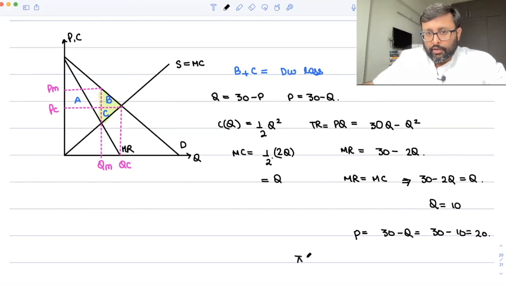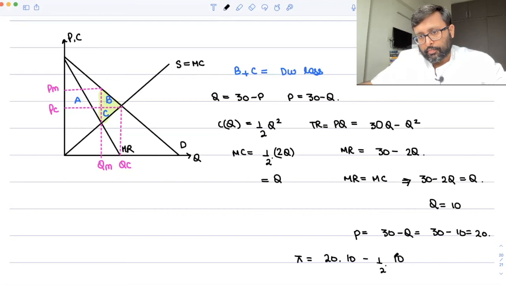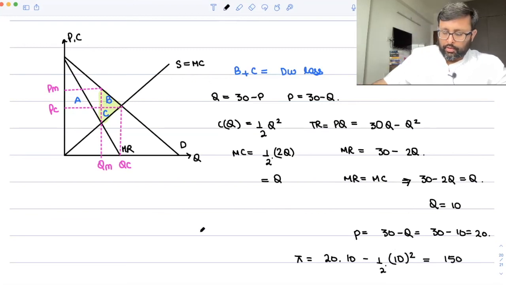What are the profits of the monopolist? Price into quantity minus cost. So this thing comes out to be 150. Fair enough?